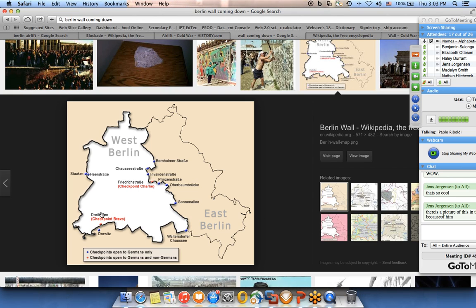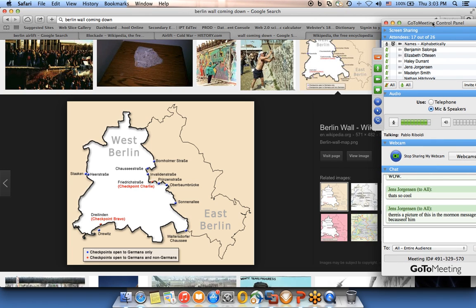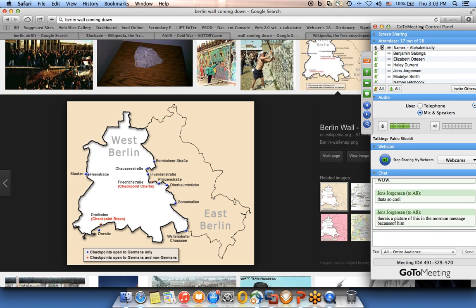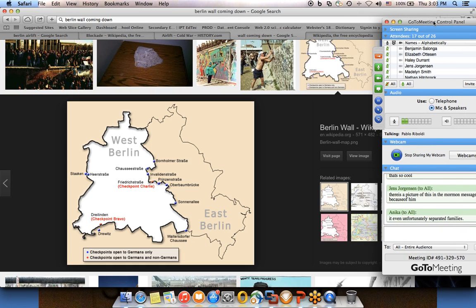So this is the extent of the wall around Berlin, the different checkpoints and towers and passes, but no one could really pass between them. If you can find that picture, Jens, and you can send that to me, that would be very cool.